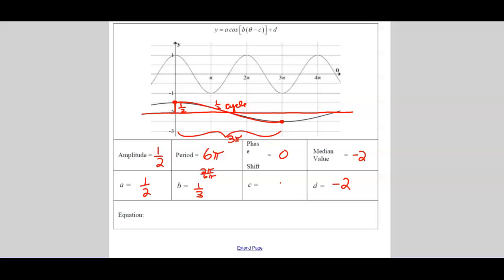So nothing there. So here, y equals 1/2 cos. So if there's no phase shift, I'm just going to go 1/3 theta, or theta over 3. Same thing. And then minus 2 outside of that.